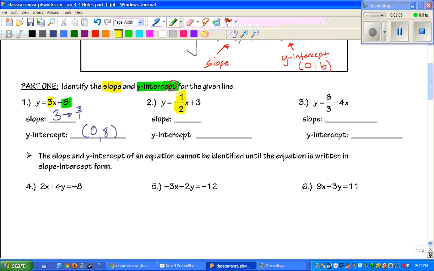Let's look at the next one. The slope is -1/2, and the y-intercept is (0, 3). All right, why don't you go ahead and try number 3. I'm going to wait for you.